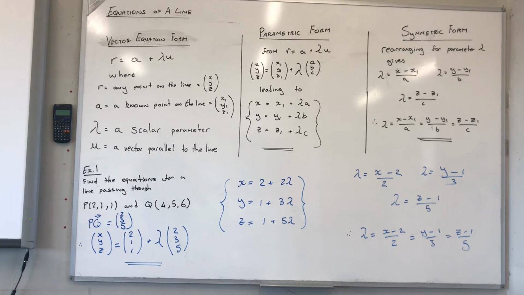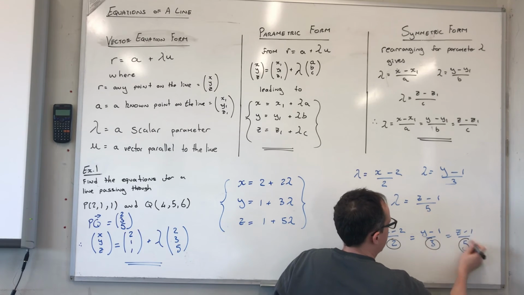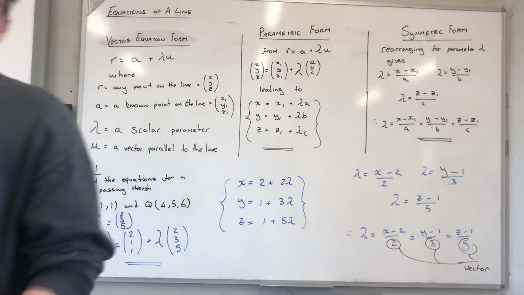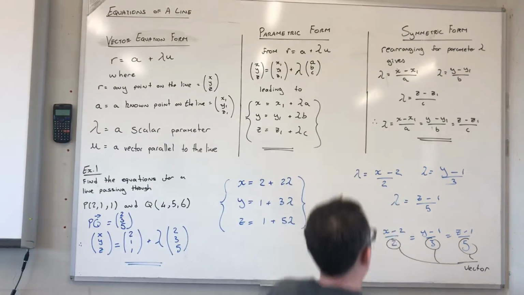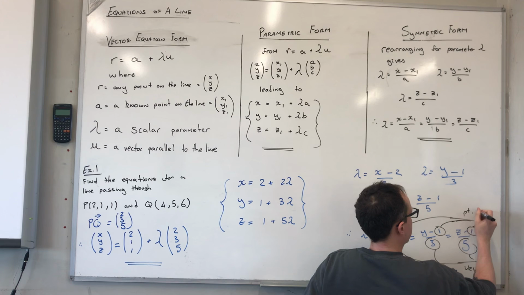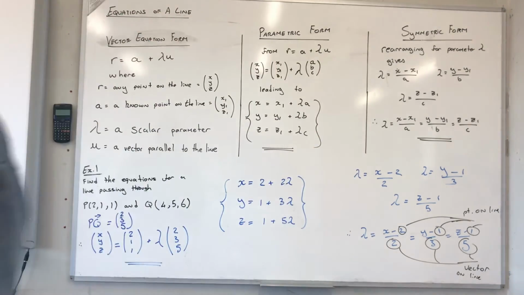So if you're given the symmetric form, you can read off that the denominators are a vector parallel to the line, whereas the numerator constants are not a vector, but a point on the line. Recognizing that is going to help you solve these questions.